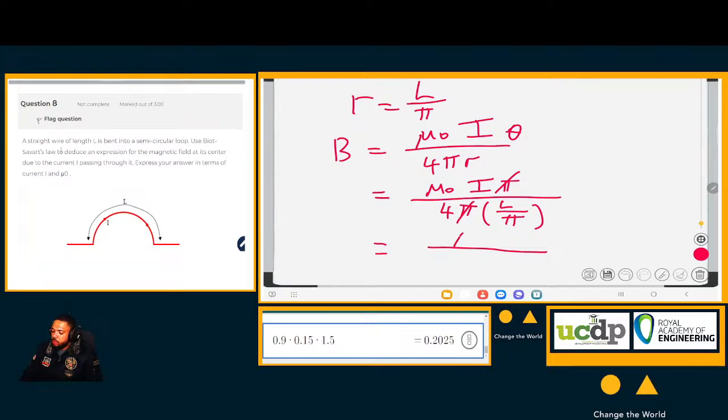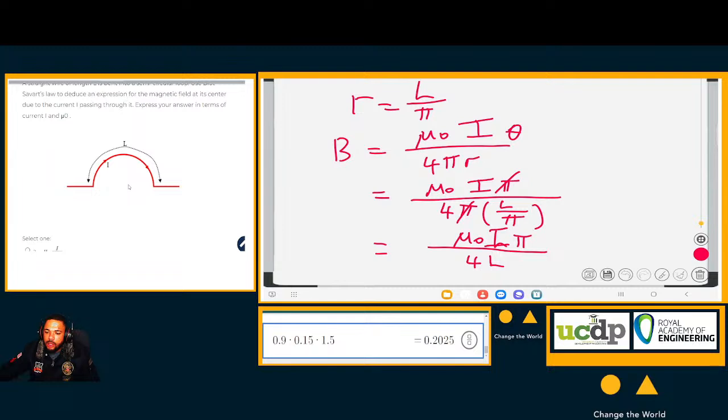So it's mu naught times I times pi, and 4 and L at the bottom. So that is your answer to the magnetic field at the center of this loop.